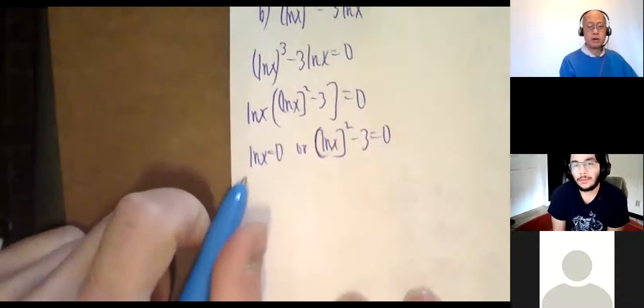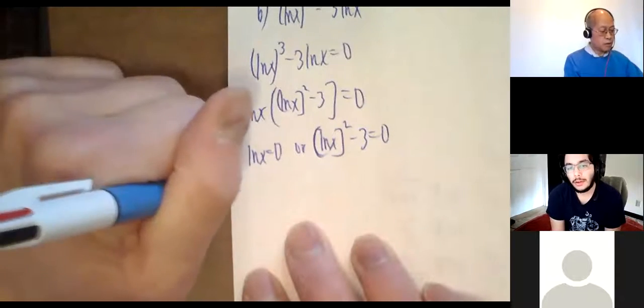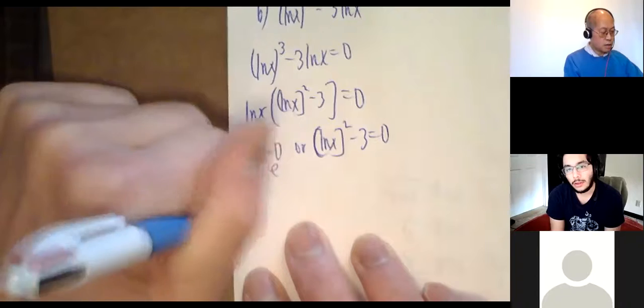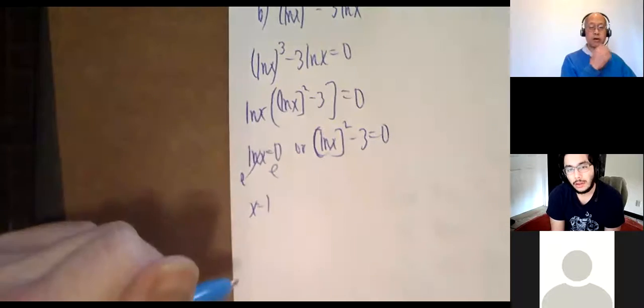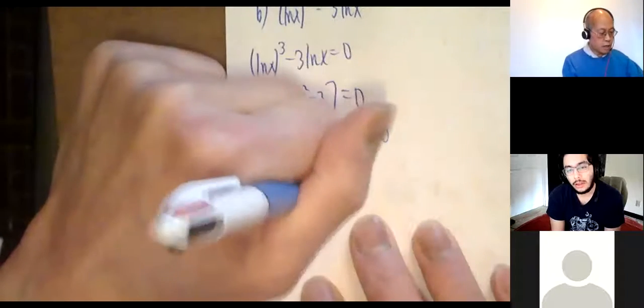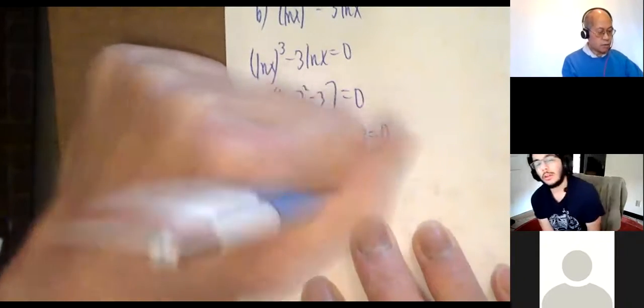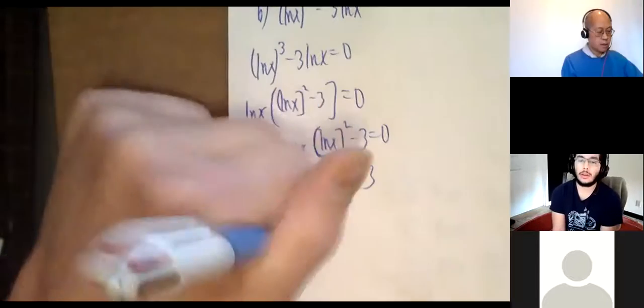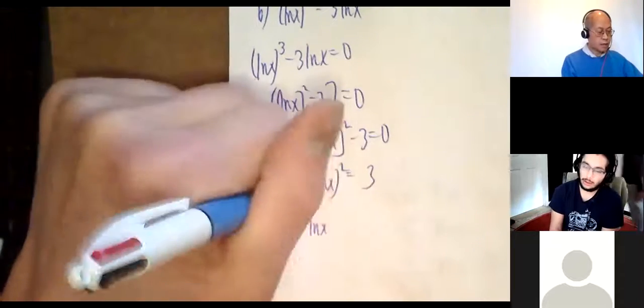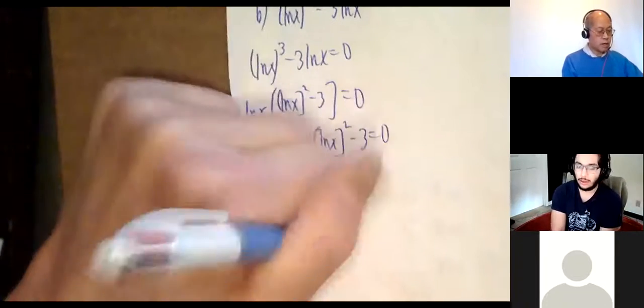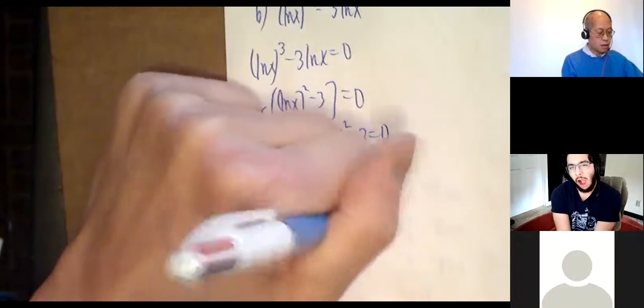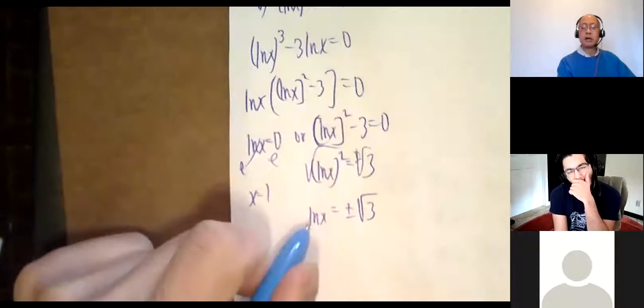This one, exponentiate, put an e. So x equals 1. So x equals 1 works. This one, ln x squared equals 3. ln x, take the square root, plus or minus. ln x is plus or minus radical 3.